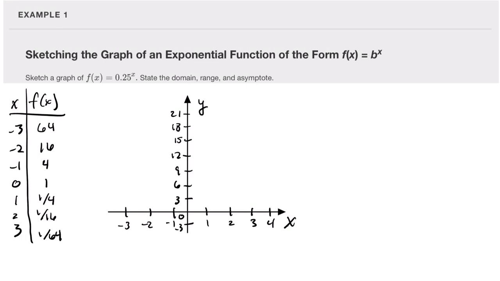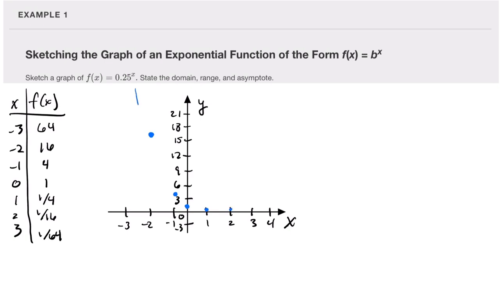When x is -2, we're at 16, so that's about here. When x is -1, we're at 4, so that's about here. When x is 0, y is 1, that's about here. And then 2, 1 over 16, so everything else is really close to the x-axis, right?